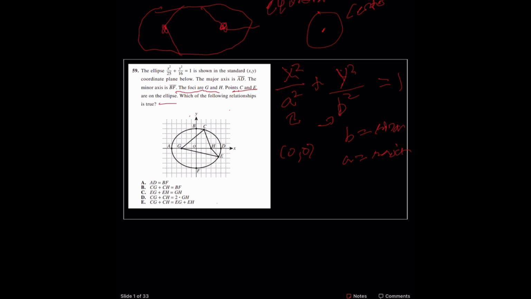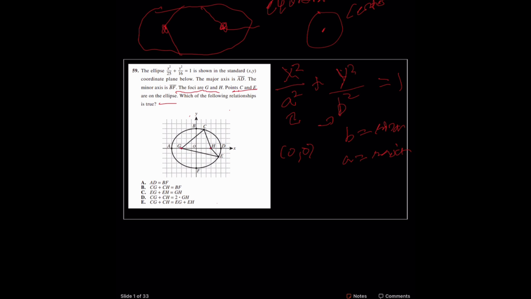If we keep a center right here, they're not equidistant due to the length of the arcs. The AD arc is bigger than the BF arc. So it's very important to understand that the foci are basically your new centers. So we have our two new centers at H and G.